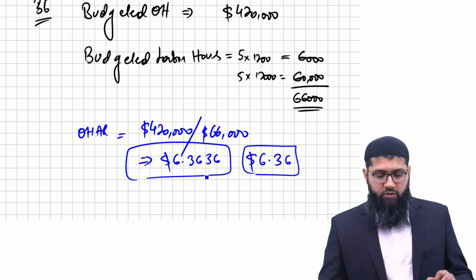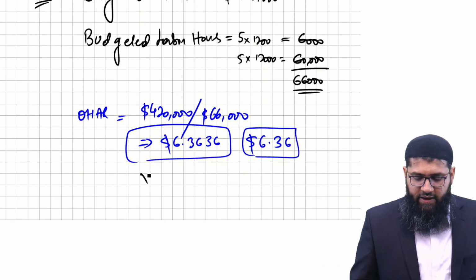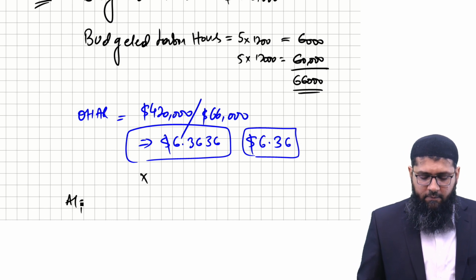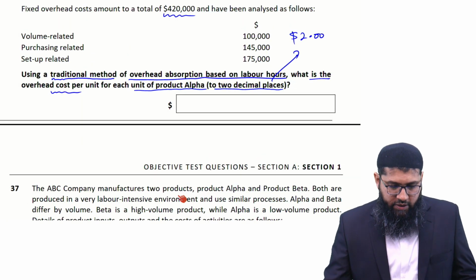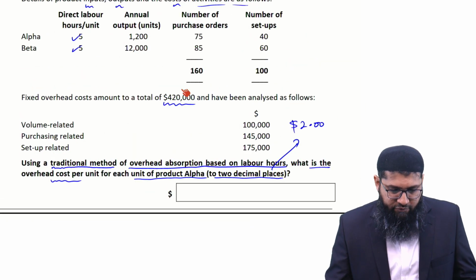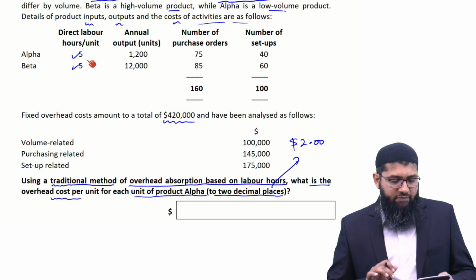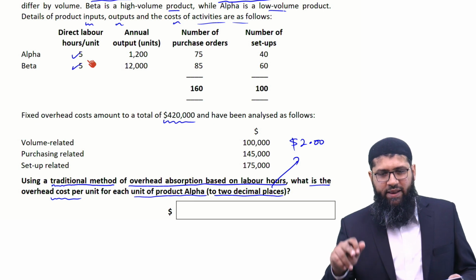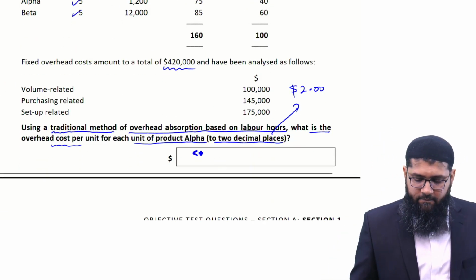It was an overhead absorption rate, and for alpha it has to be multiplied by 5, because it says per unit of alpha. We have got 5 labor hours for alpha. So 6.36 multiplied by 5 gives 31.818, which is 31.82. That's what the answer is going to be.